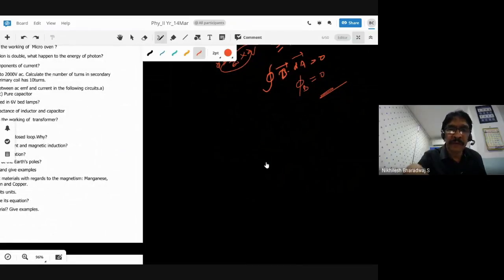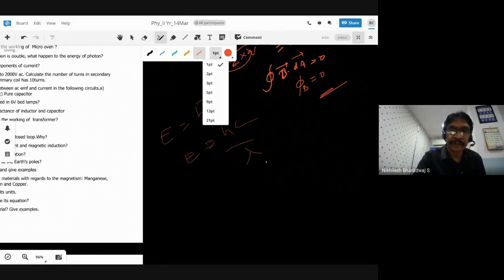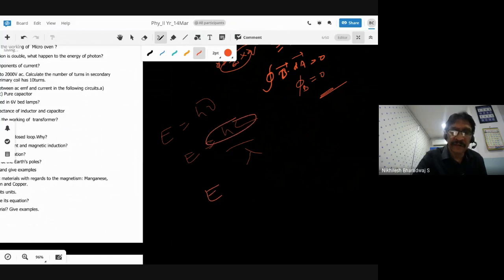E is equal to h nu is equal to hc by lambda. hc is a constant, so E is proportional to 1 by lambda. E lambda is equal to constant.